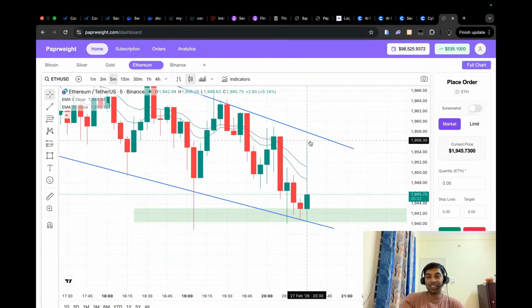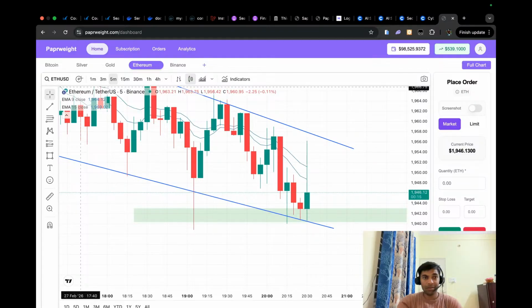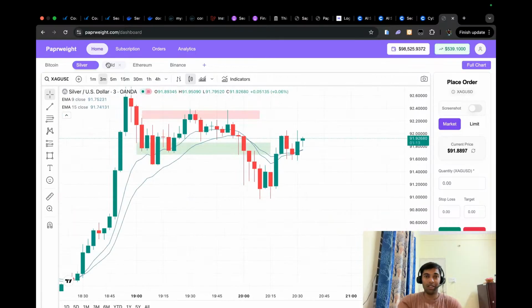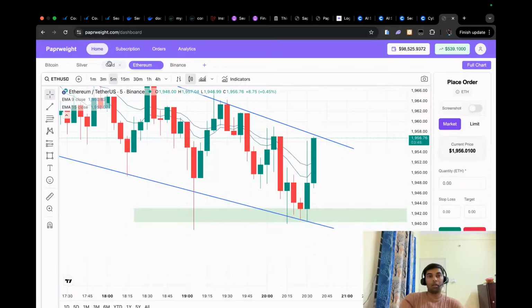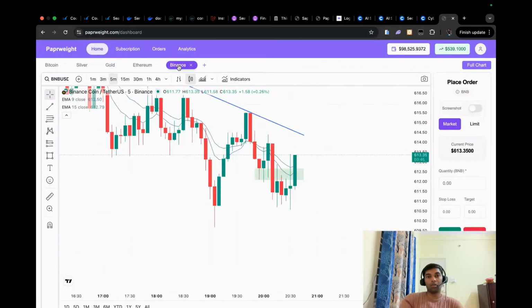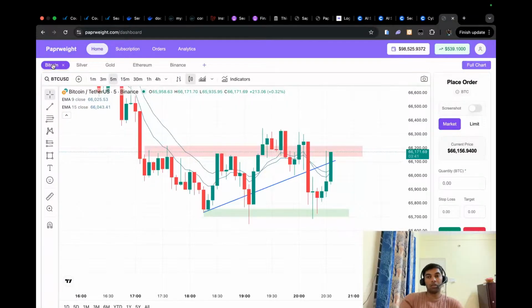So after giving us profit, it is now facing rejection from this selling zone again, and the market is doing something. Let's see what silver is doing again.